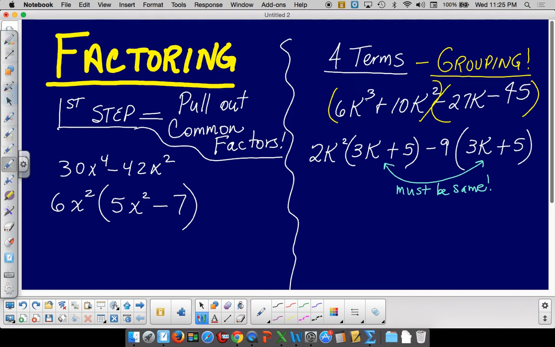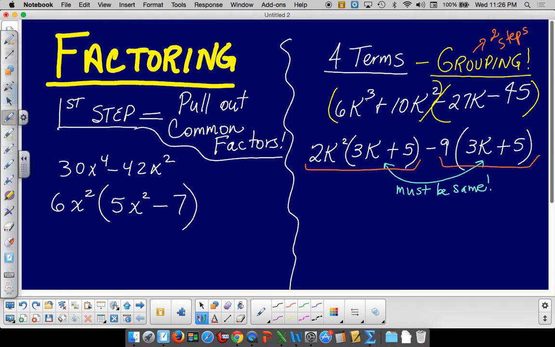Now, this is the part people have trouble visualizing. The next step, you are never done. Grouping takes 2 steps. That's important. There's always 2 steps when you group. This was step 1. Now you go, okay, I have this clump of stuff before the subtraction, then I have another clump of stuff.